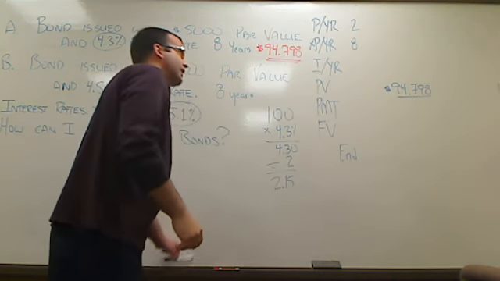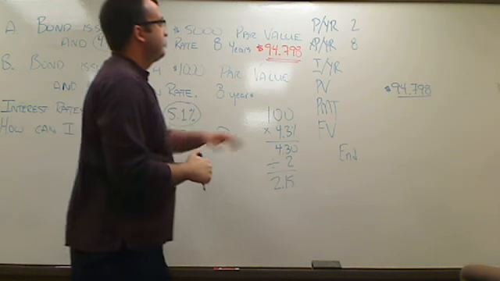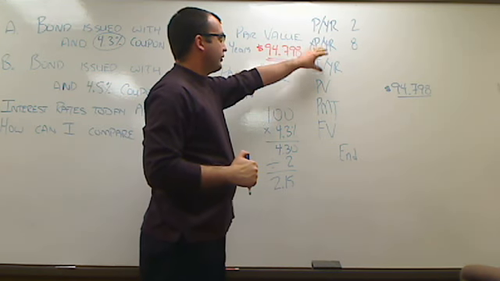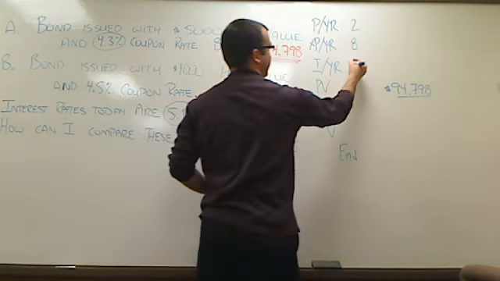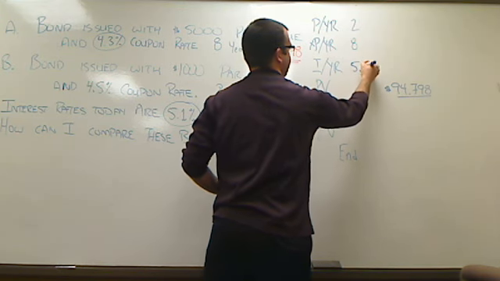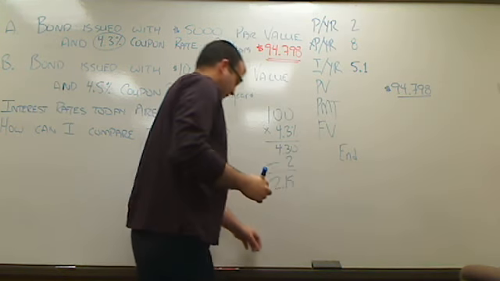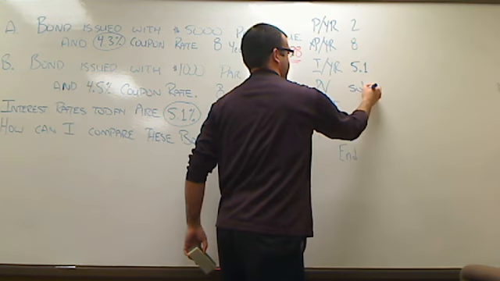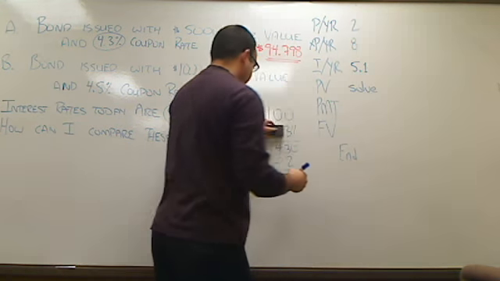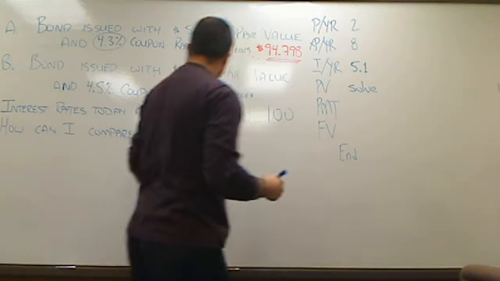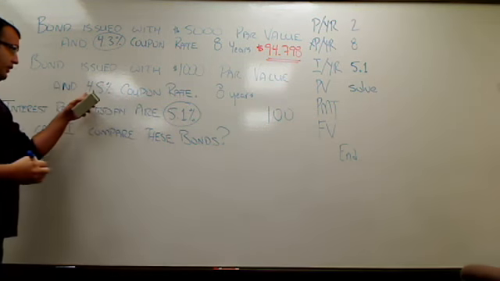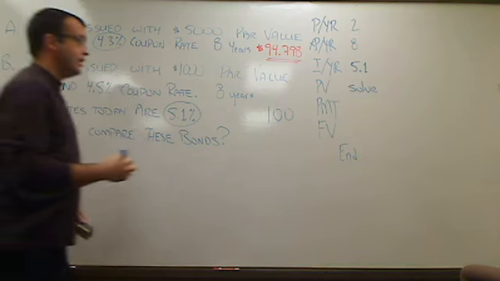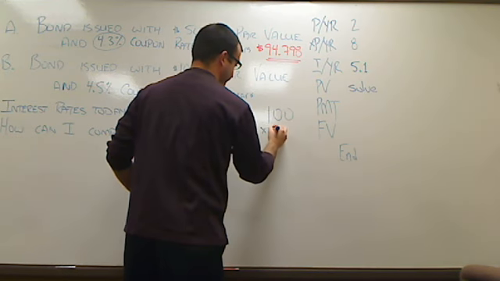So we haven't changed everything here. P/YR and N times P/YR are still the same. I/YR is still the same. I didn't need to erase it. We're still solving for the present value. My payment is a little bit different now. My payment will be based on a 4.5% coupon rate.